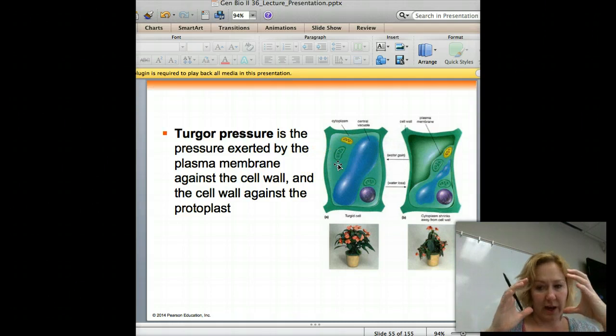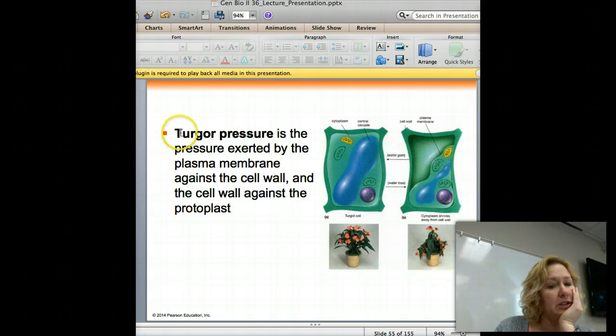You're going to get a big fat happy cell that's stretched out as much as it can be. It's all fluidy and happy. This is turgor pressure. This is the amount of pressure being pushed up against the cell because it's all full of water and good stuff like it's supposed to be. So this is the pressure exerted by the plasma membrane against the cell wall and the cell wall against the protoplast. So all these things are pushing, as the water fills it, it's pushing out.